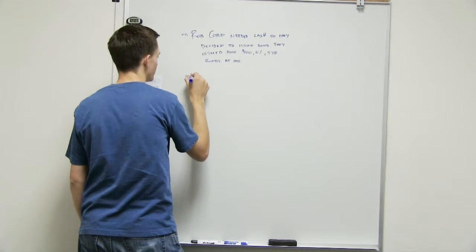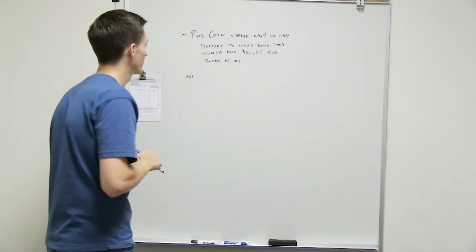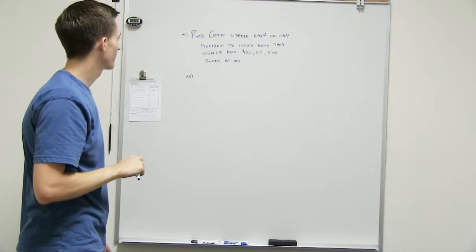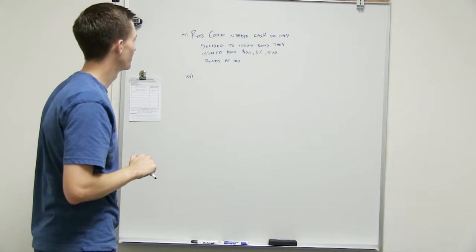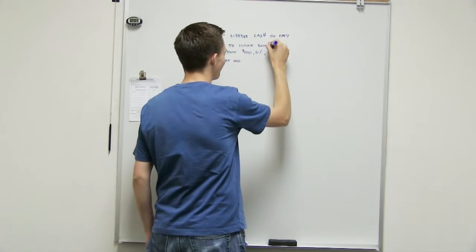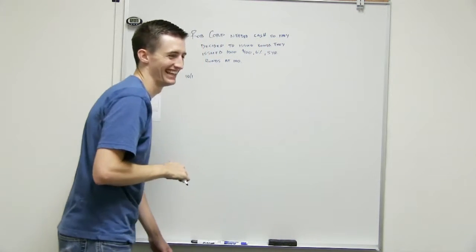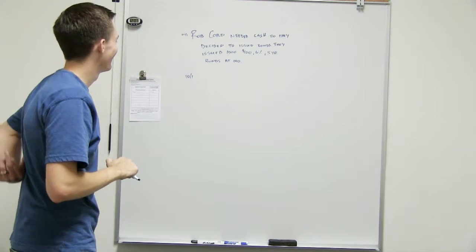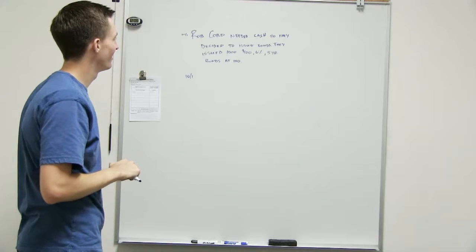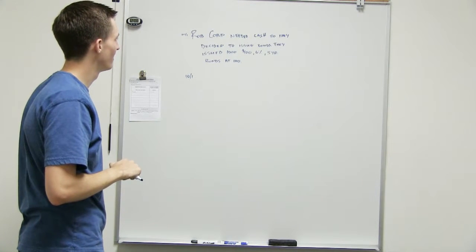Help me journalize when they issue these bonds. They decided to issue bonds. They issued 1,000 6% 5-year bonds at 100.